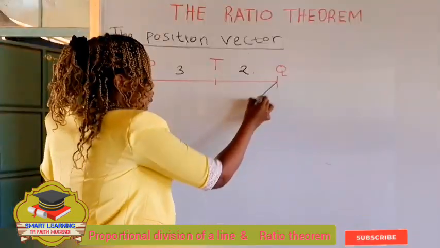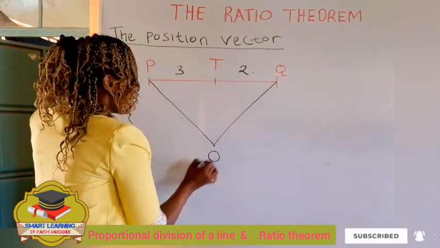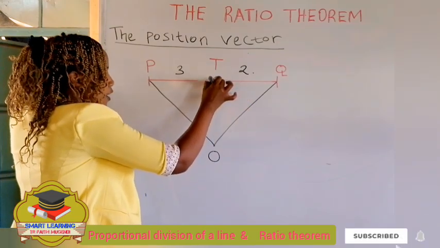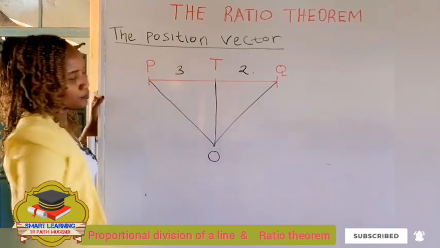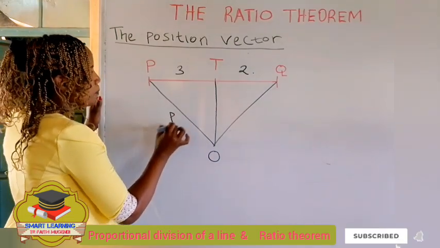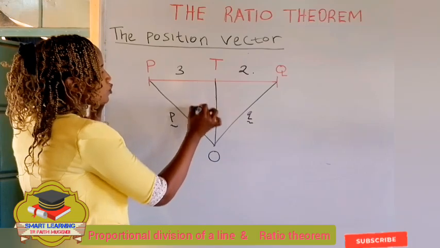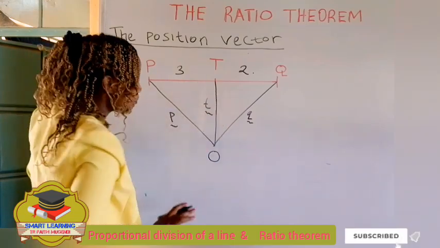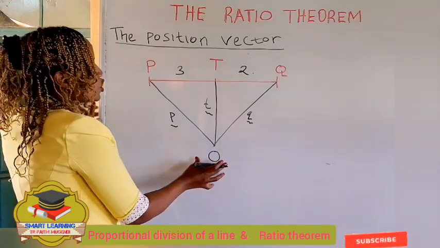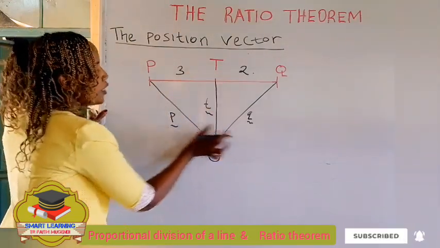So we consider position vectors OP, OQ, and OT. Let OP be vector P, OQ be vector Q, and OT be vector T. How do we express position vector OT in terms of P and Q?